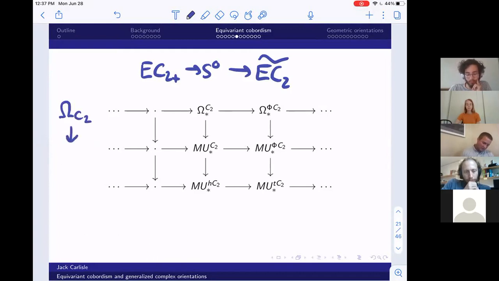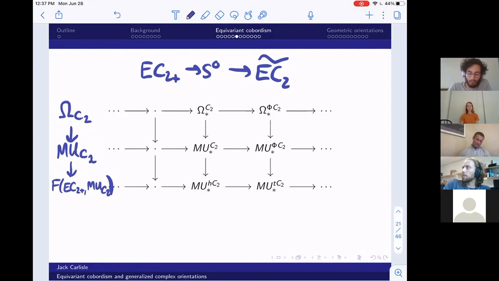By including the trivial universe, which we use to construct omega, into the complete universe, we obtain a map of commutative ring spectra from omega C2 to mu C2. Now, finally, anytime we have a C2 spectrum, we can always map to the co-free spectrum, to the Borel cohomology. This is sometimes called the Borel completion. And the idea is we can always map this to F of EC2 plus, mu C2.